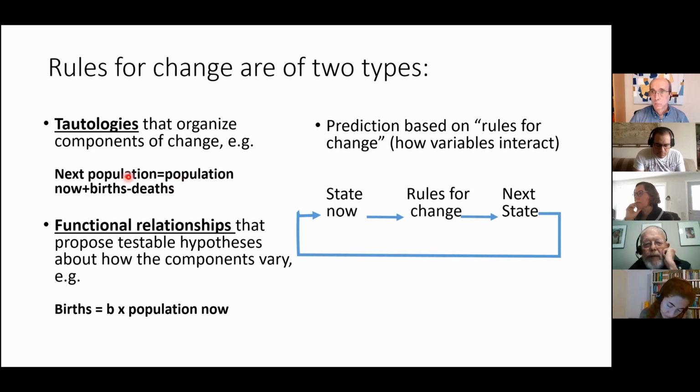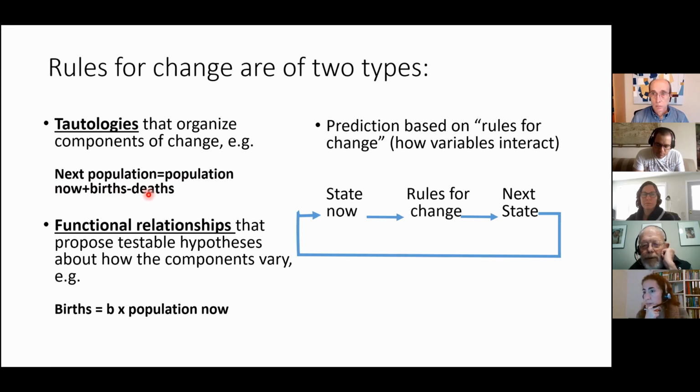If you went out and measured a population this year and measured it next year and measured the births and measured the deaths, and they didn't add up, if the next population was not the population that you'd estimated the first time, plus births minus deaths, what would you say? You wouldn't say this rule is wrong. You'd say that you must have misestimated the population size, or births or deaths.